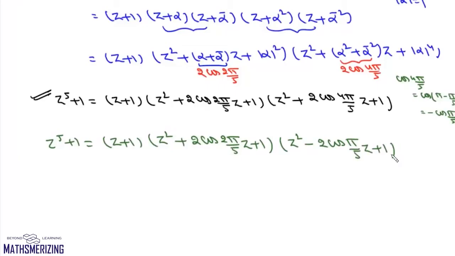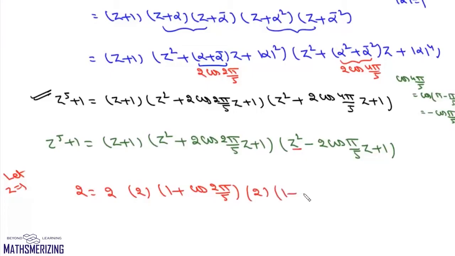Now what we'll do is we'll let z equals 1. So we'll get 2 equals, and here this value will be 2, here 1 plus 1 will be 2. We'll take this 2 common. We'll get 2 into 1 plus cos 2 pi by 5, and here also we'll take 2 common.